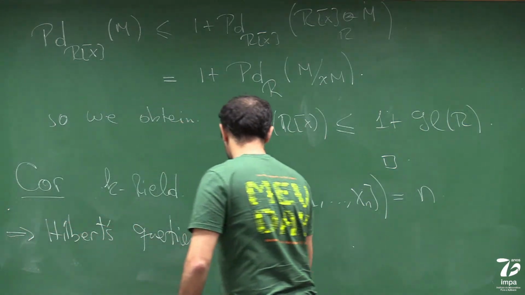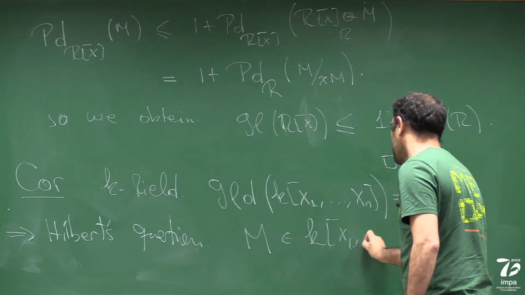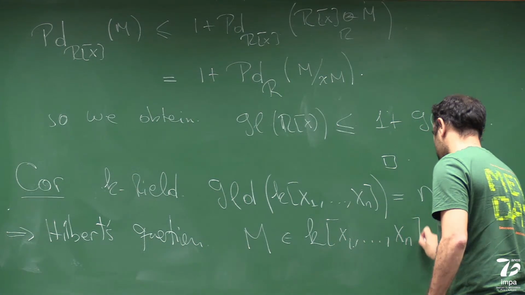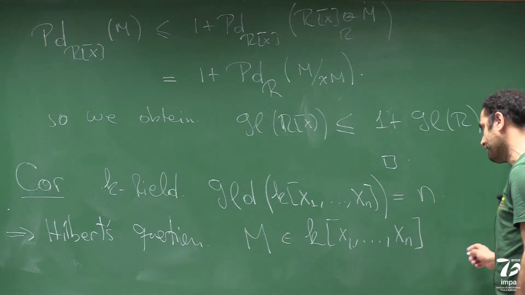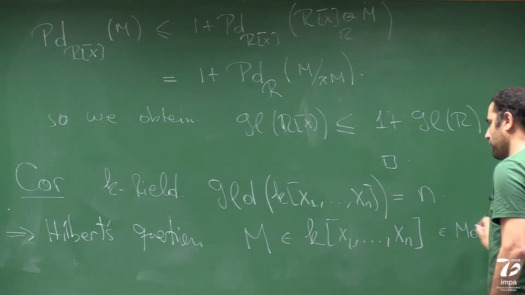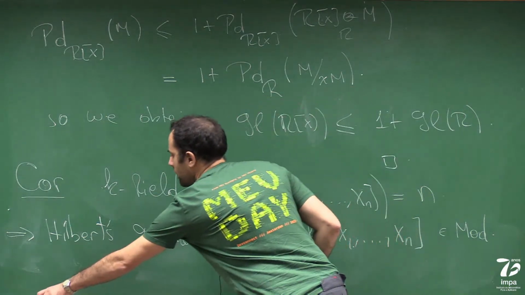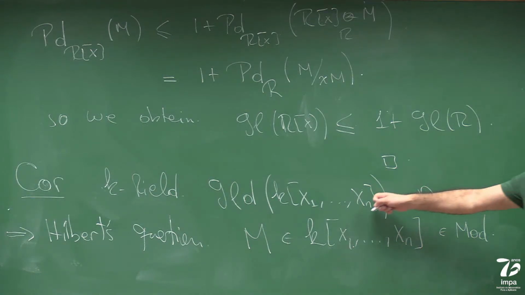Because if you give me any finitely generated module M over this ring, then the projective dimension of that module is less or equal than n, because the global dimension of this ring is n.